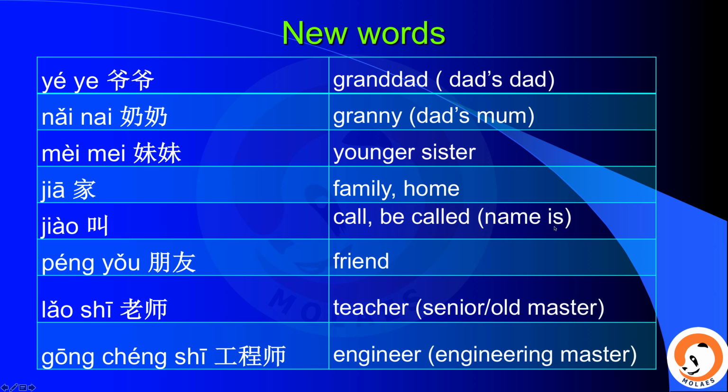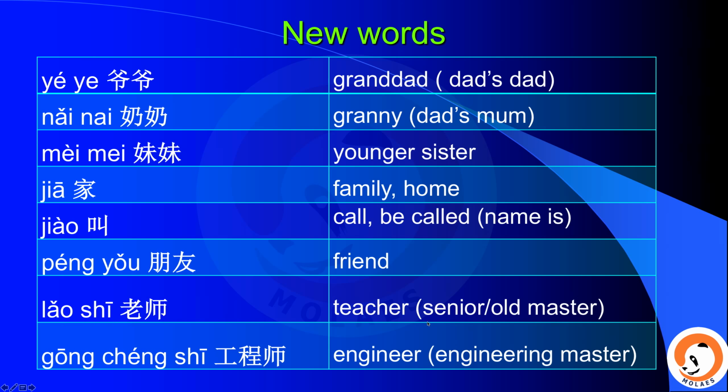叫 to call or be called, to name. 我叫 Maggie. My name is Maggie. 朋友 friend or friends. 老师 teacher.